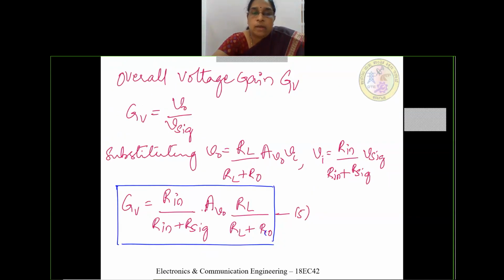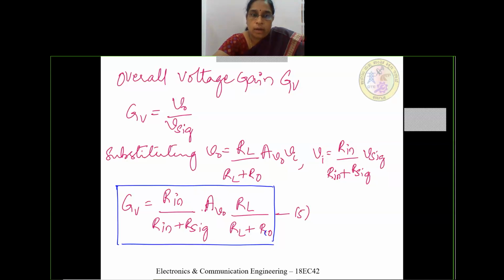GV includes the input resistance Rin. It also includes the signal source resistance R signal. It includes the load resistance RL, as well as the output resistance R naught. So GV is the ratio of Rin by Rin plus R signal into RL by RL plus R naught times AV naught.